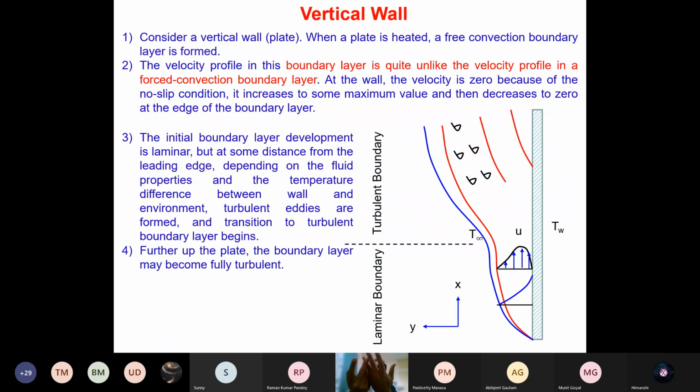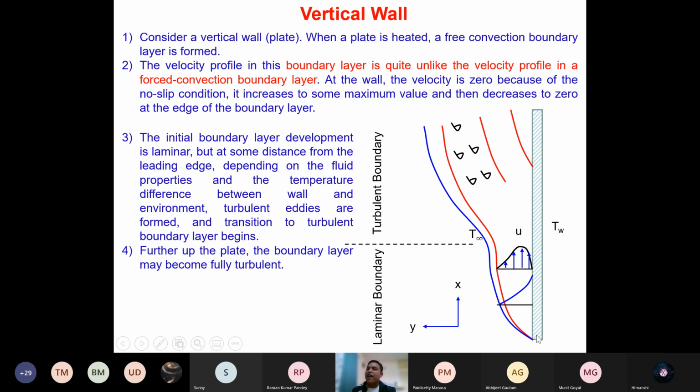In the last topic, forced convection, we looked at the concept of the boundary layer. In this case also we are going to look at the concept of the boundary layer, but you will see it is slightly different compared to what we have seen in forced convection. So in this case, let us consider that we have a vertical flat plate.